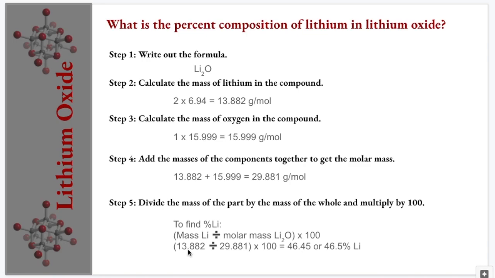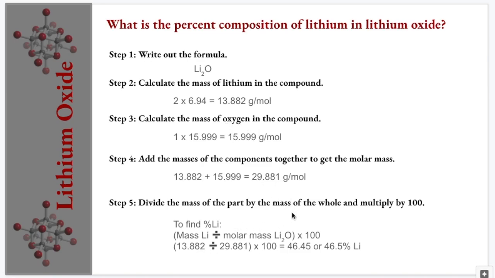So our 13.882 divided by 29.881 times 100, we're going to get 46.45. I'm just going to round to the nearest tenth, so 46.5% lithium.